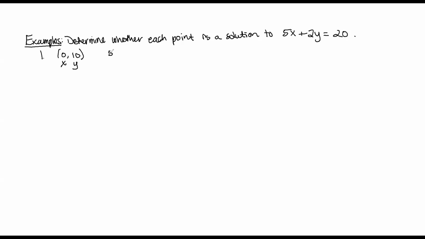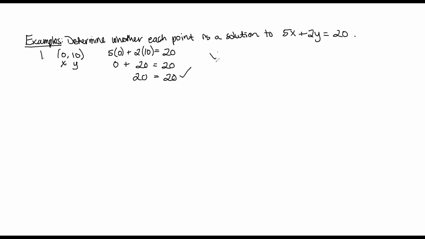So we're going to replace our x with 0, so 5 times 0, plus 2 times y, which is 10, equals 20. Don't move things around, just simplify both sides. So the left side, 5 times 0 is 0. 2 times 10 is 20, equals 20. And 0 plus 20 is 20. And so this one is a solution.